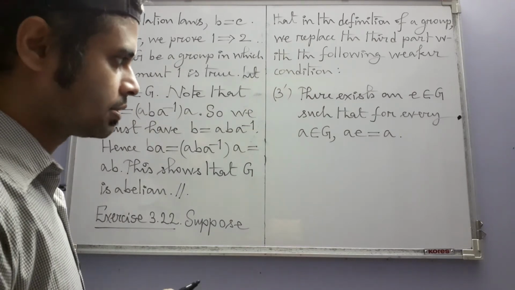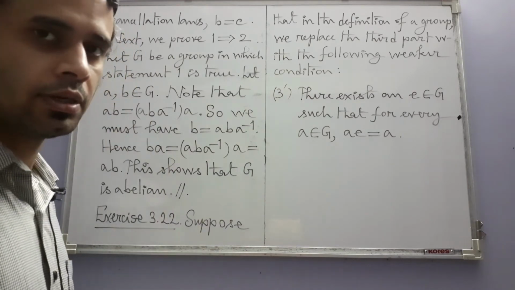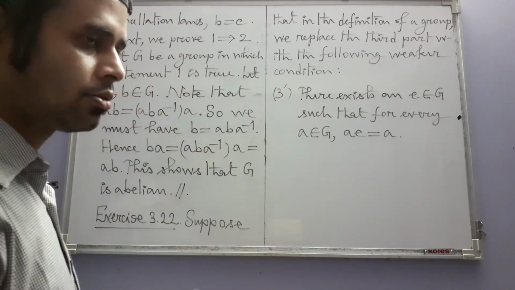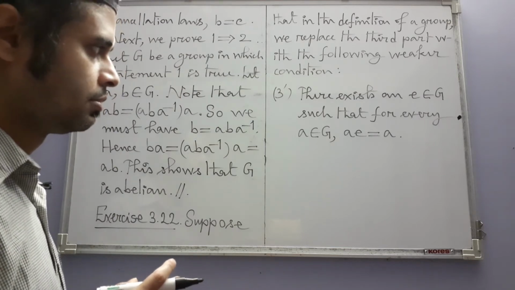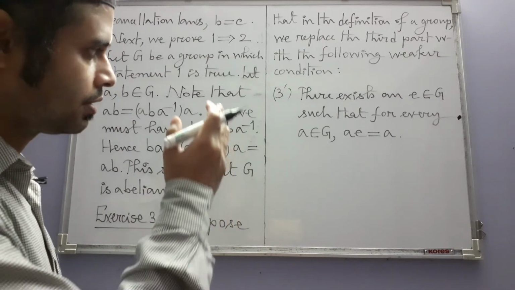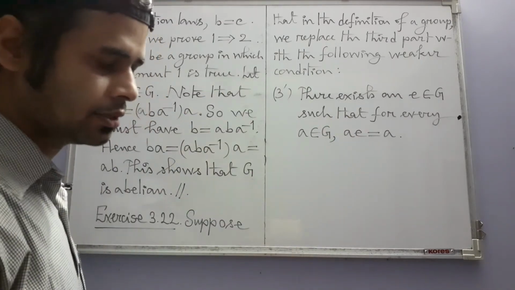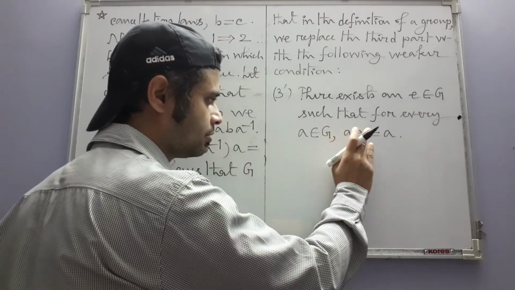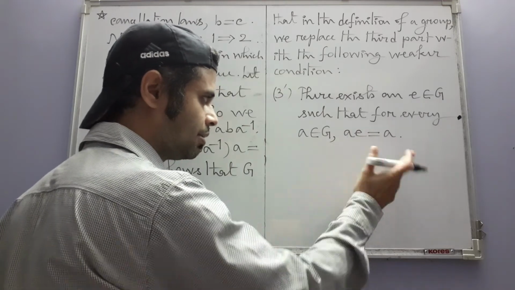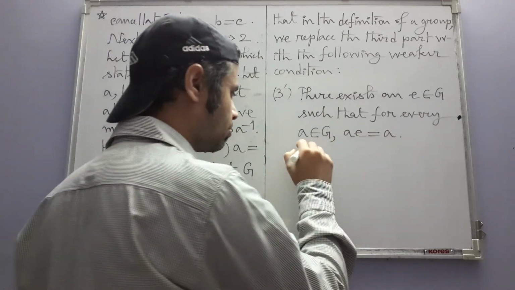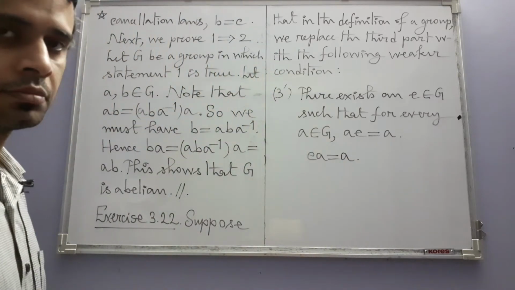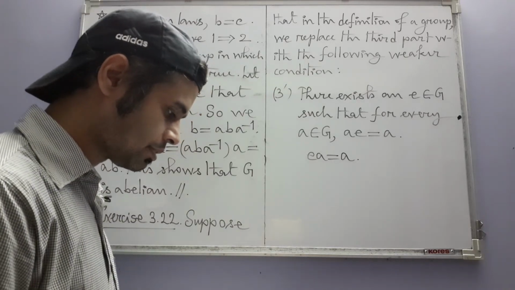We are not saying also that EA is equal to A. So in this sense you can call this E not just an identity, but only a right identity. It behaves like an identity by being on the right side of the element. When you operate on any element by E from the right side, then it behaves like an identity. We don't know whether this is also A, and that's what the author is also saying.